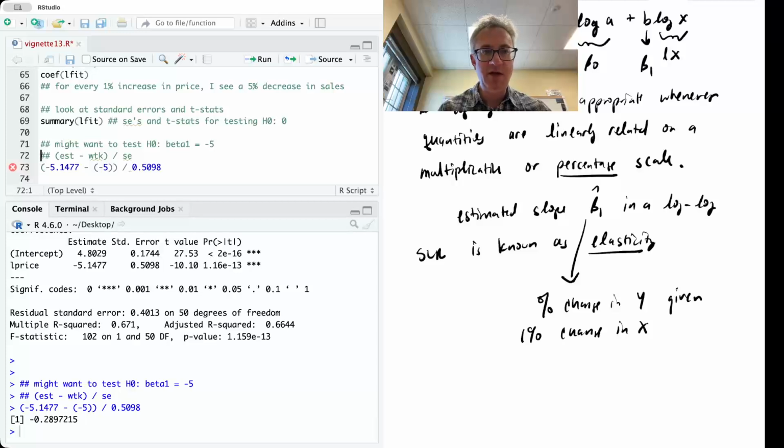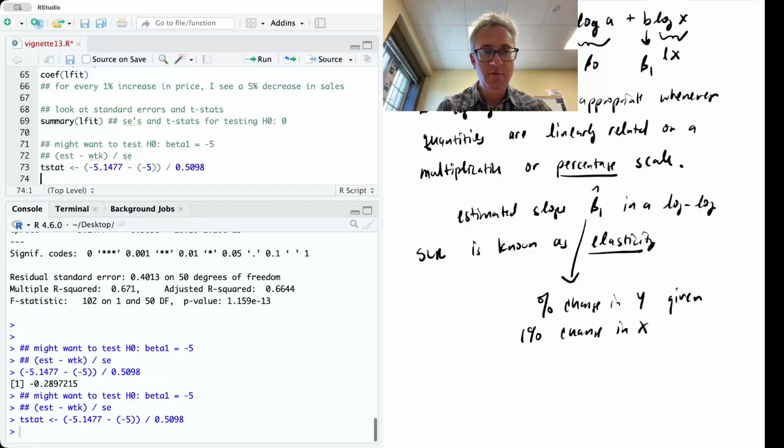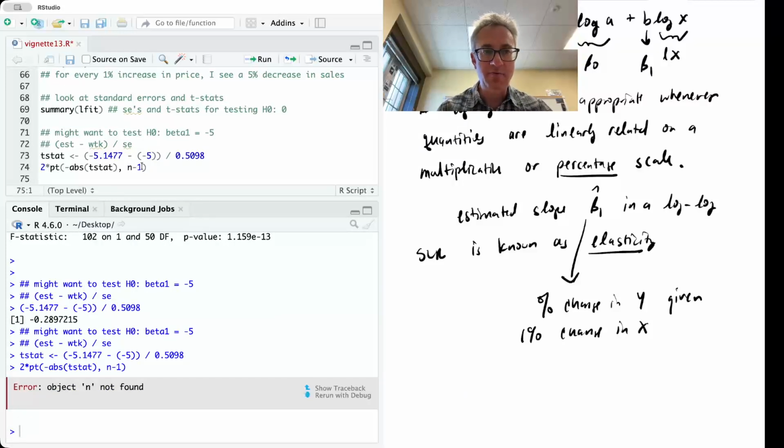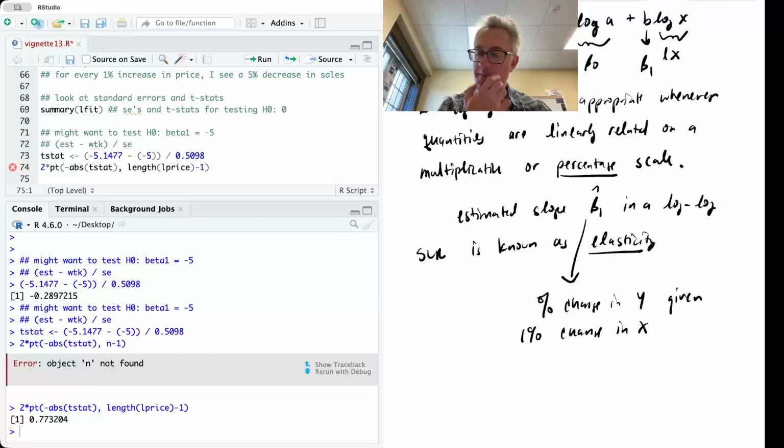So that's my t-stat, and then I can do 2 times pt of minus abs t-stat, and then it would be n minus 1 degrees of freedom. N would be the length of lprice. Okay, so I cannot reject the null hypothesis that the elasticity is -5.